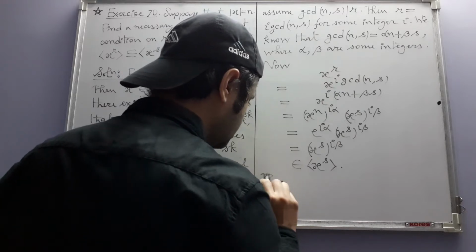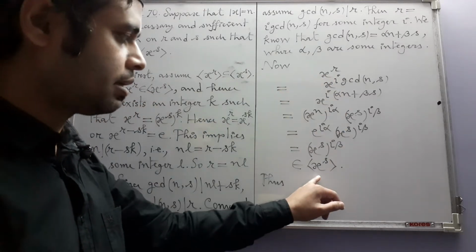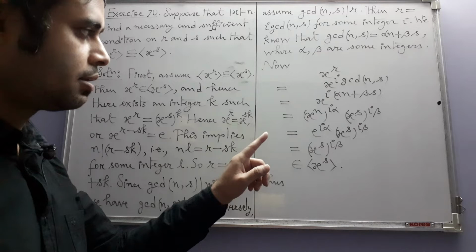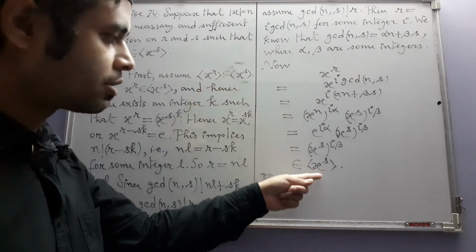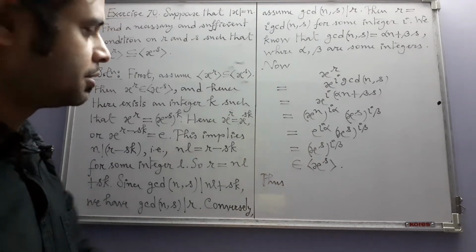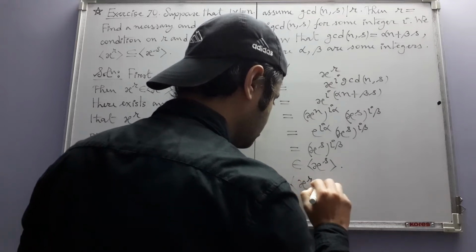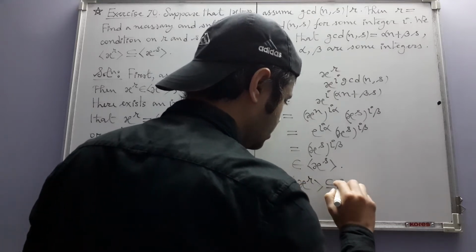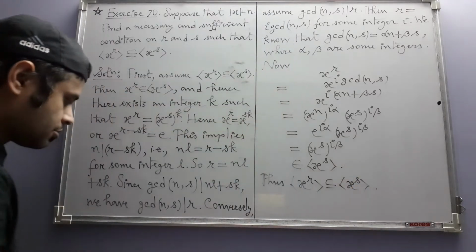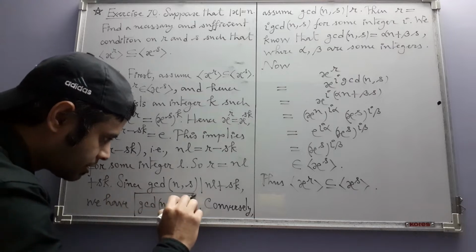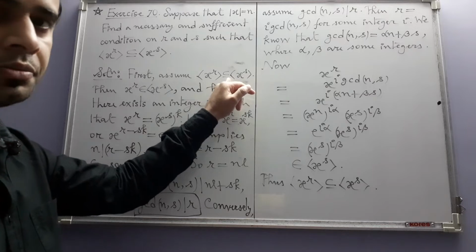But since this is a group, if x to the power r is an element in this, then the cyclic subgroup generated by x to the power r, this one, will be contained in this group by closure property. So thus this is contained in this cyclic subgroup. So this divisibility relation is a necessary and sufficient condition for this inclusion.